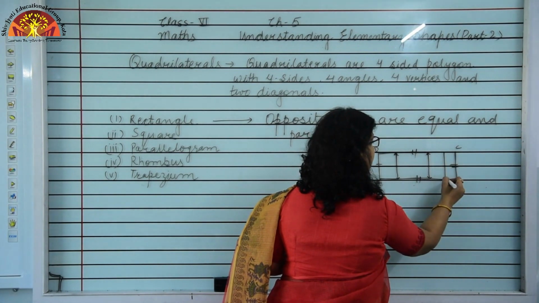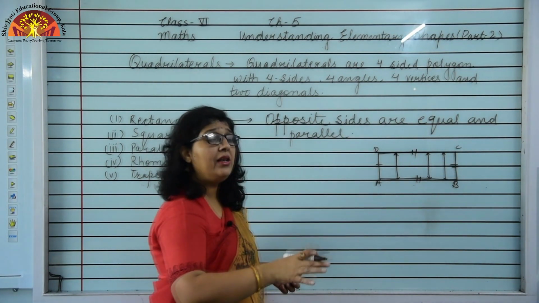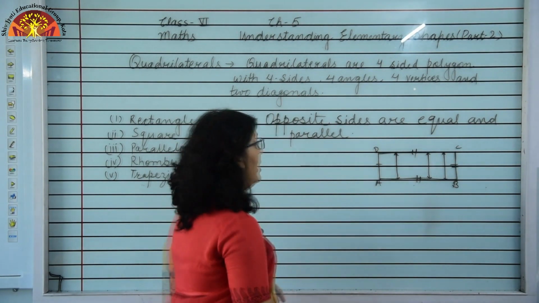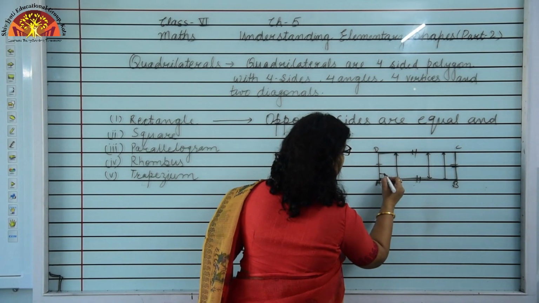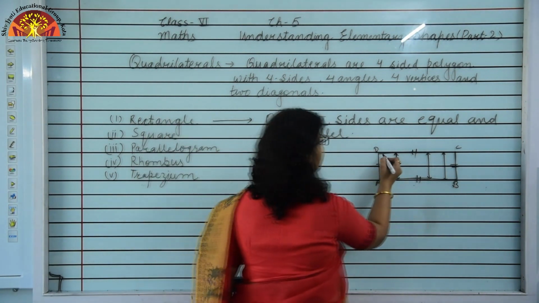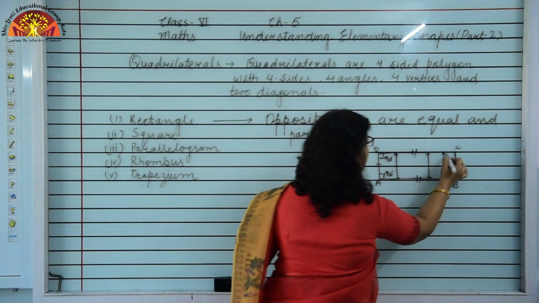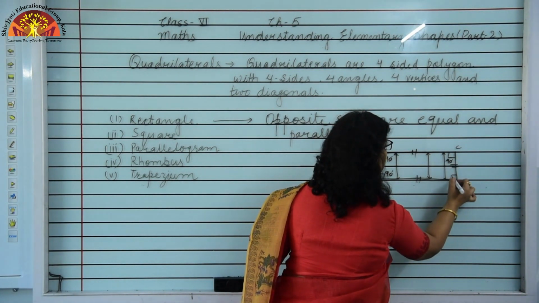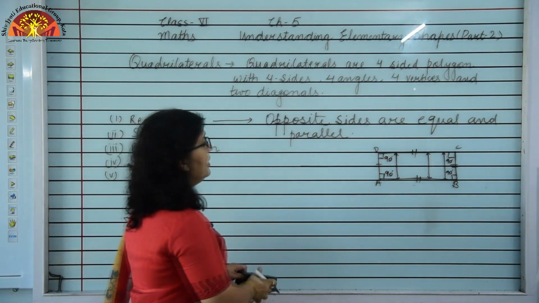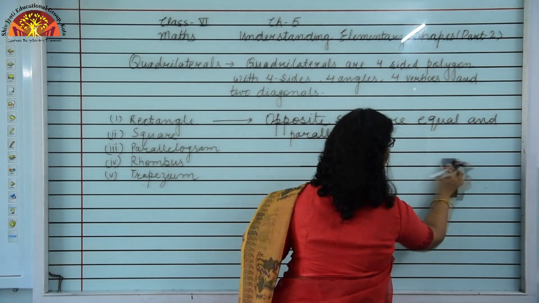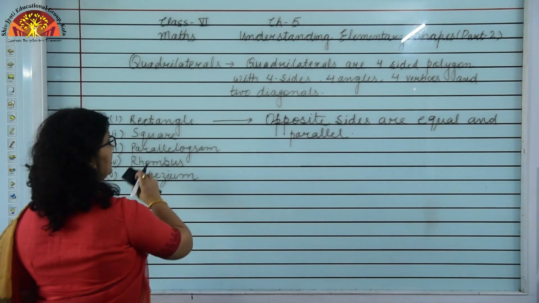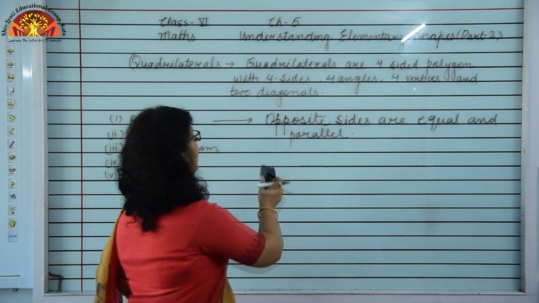Understood? So in a rectangle, opposite sides are equal and parallel, and angles must be 90 degrees. So this is the rectangle. All angles are equal, that is 90 degrees. And in a rectangle, diagonals are also equal.